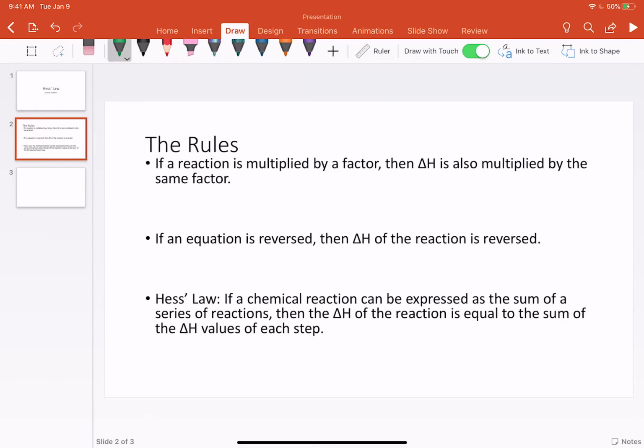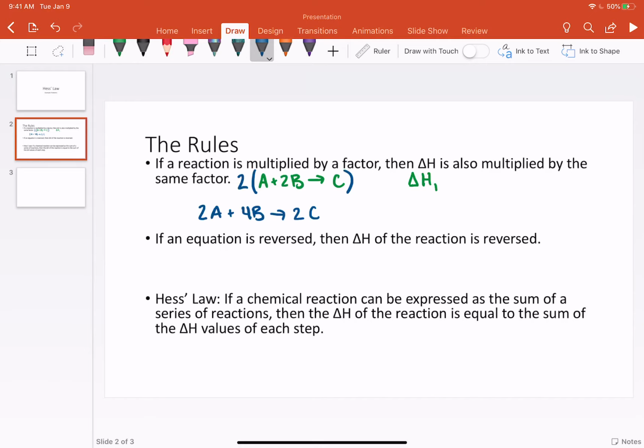So what that means is if we have a reaction like this, so I'm writing A plus 2B yields C, that reaction has some enthalpy value, so a delta H value. And then let's say we multiply that entire reaction by 2 to get 2A plus 4B yields 2C.